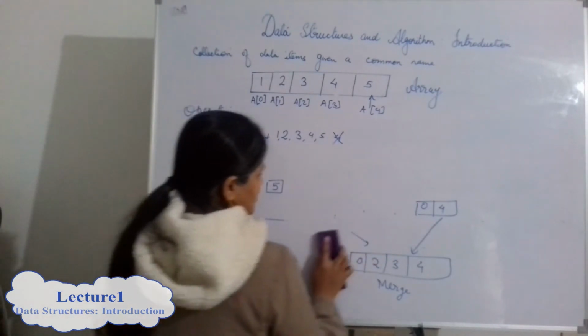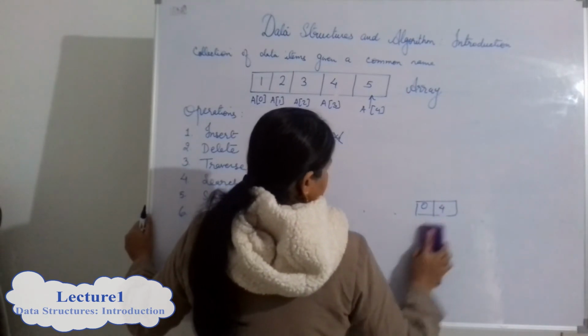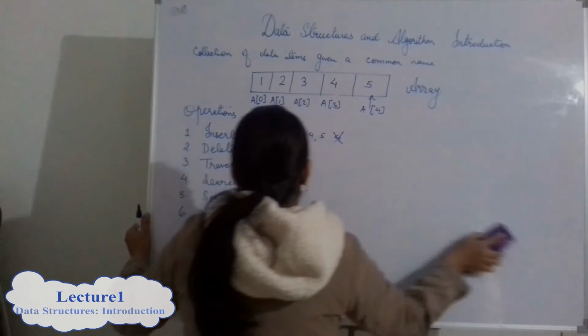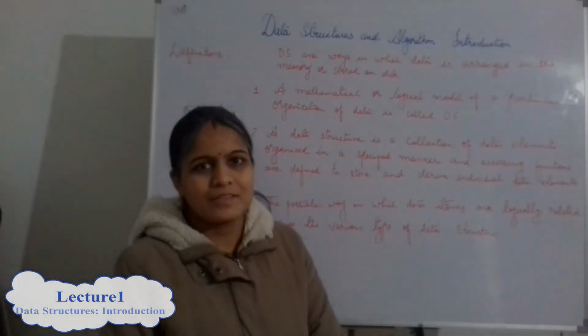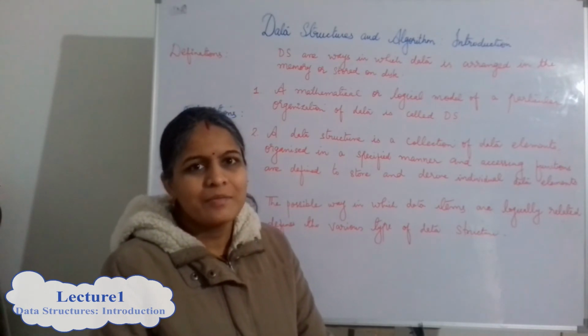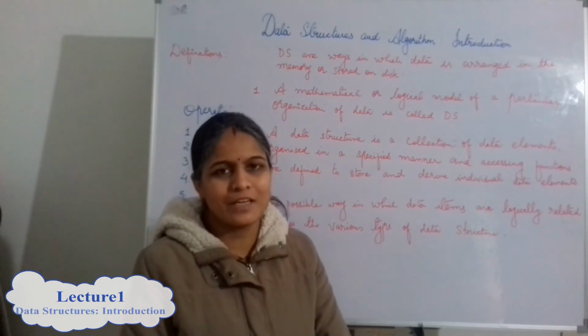Now I would like to explain some definitions of data structures provided in the book. Data structures are the ways in which data is organized in the memory of computer. We have seen different types of data structures.